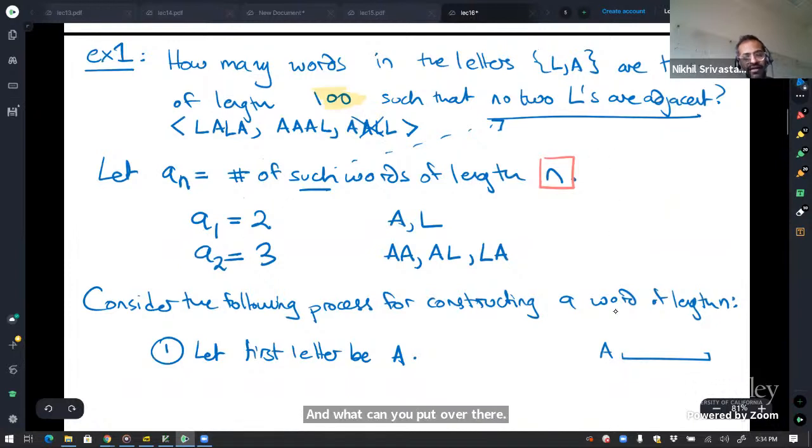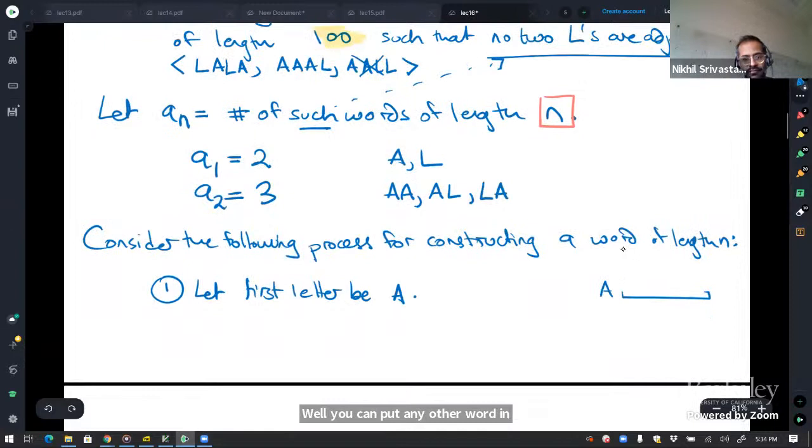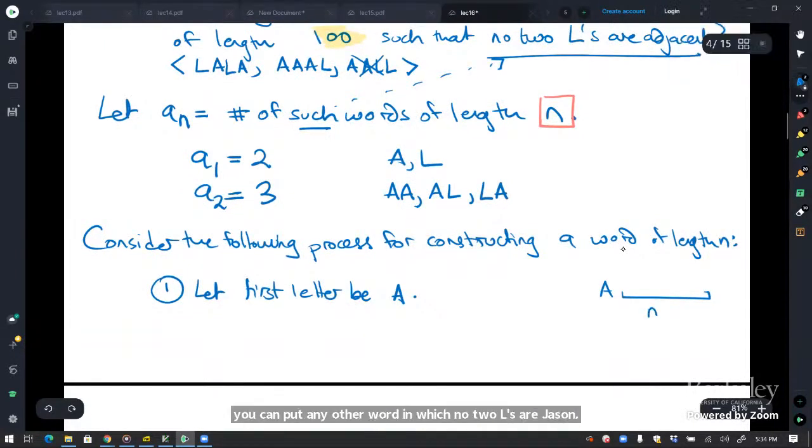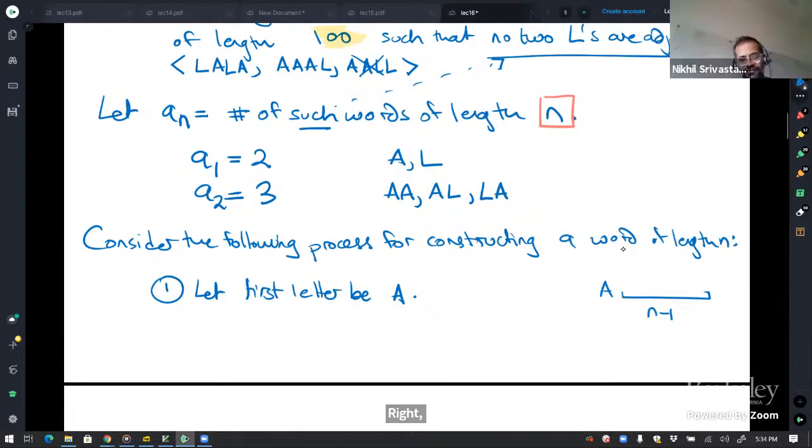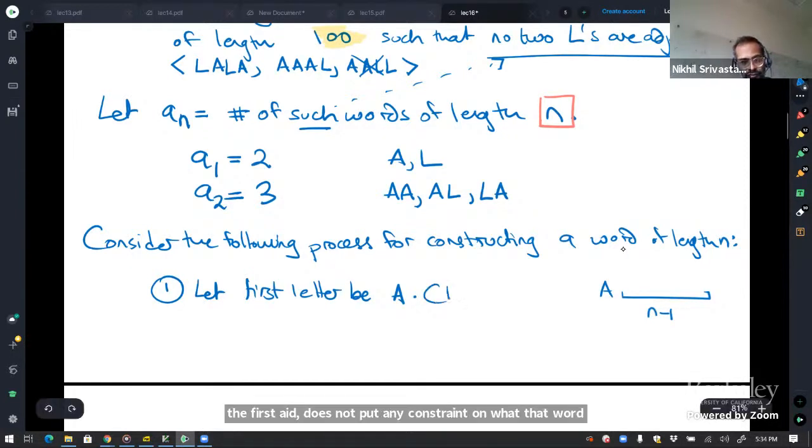Well, you can put any other word in which no two L's are adjacent. Because the first A does not put any constraint on what that word can be because it doesn't have any L's in it. And now choose a word of length n-1.